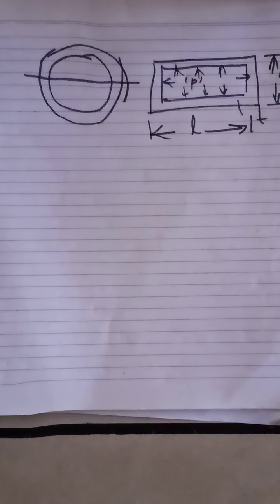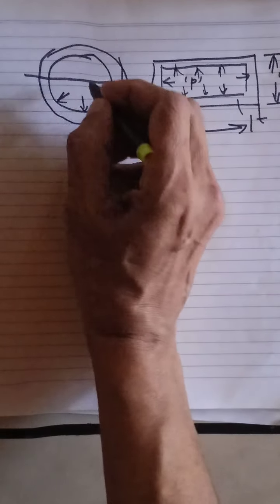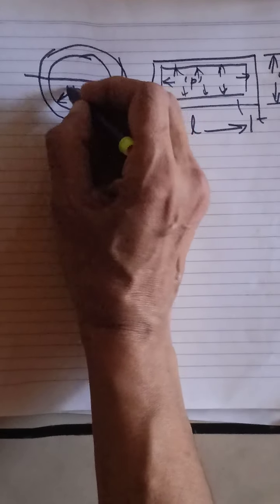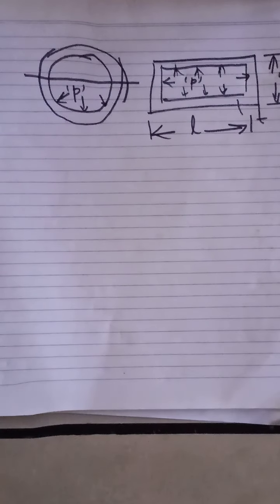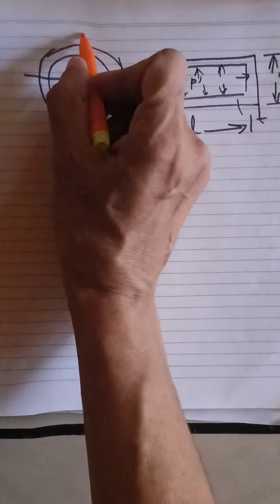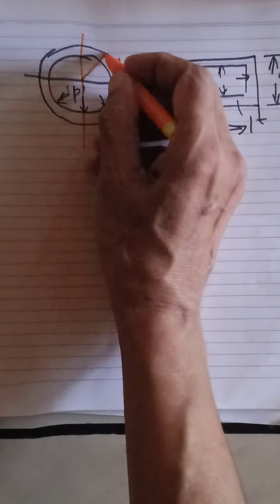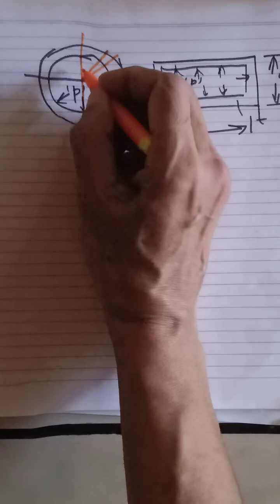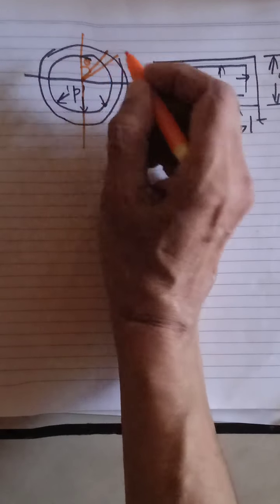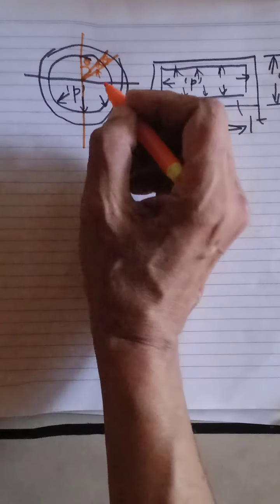So how will you analyze this? This is the cross section, and this is the internal pressure, small p. I am going to analyze what is happening on the wall of the cylinder due to this pressure. Let us take the section like this, and consider an elemental strip at an angle theta from the vertical and subtending an angle d theta at the center.